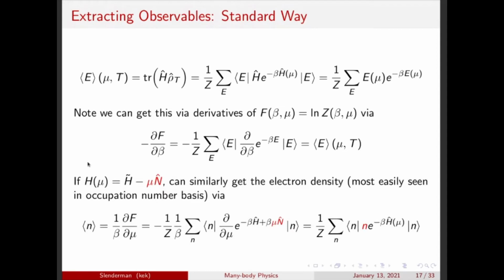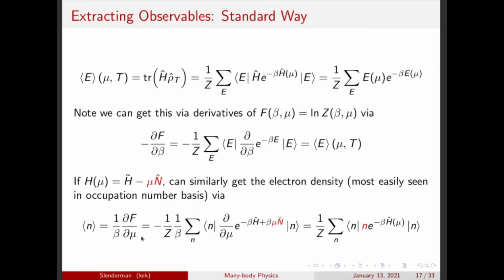So similarly, if I write H as a function of mu equals some operator H tilde minus the chemical potential times the particle density operator here, n hat, we can get the electron density via the standard way by calculating the derivative of F with respect to mu, which I go through here straightforwardly.